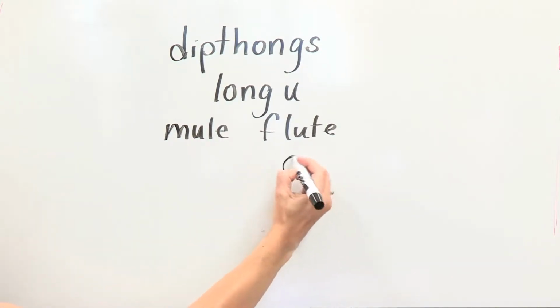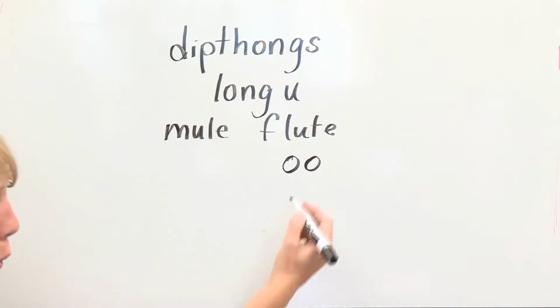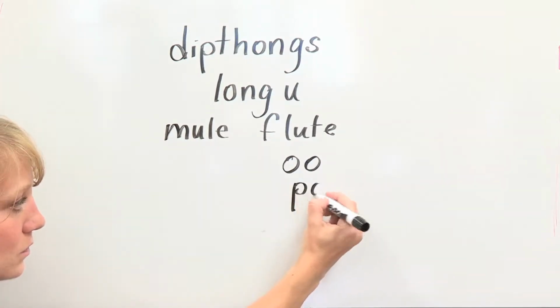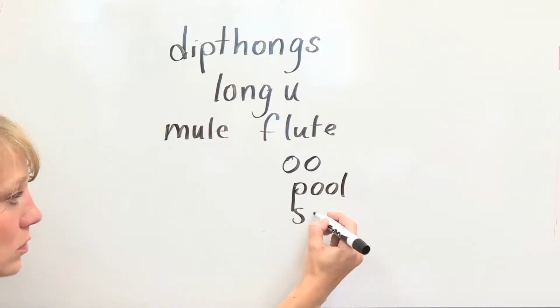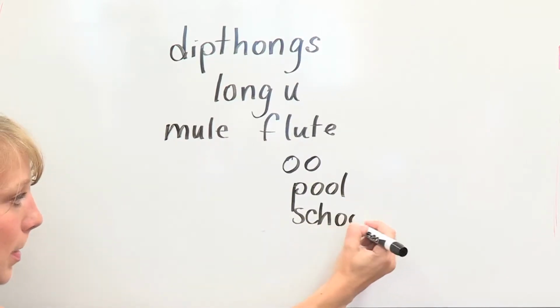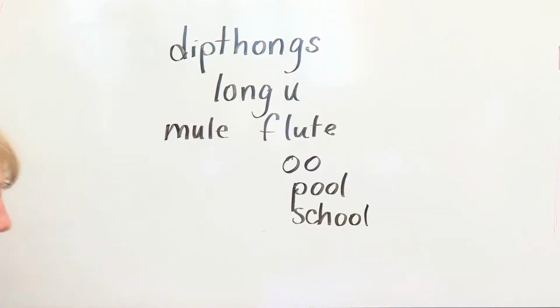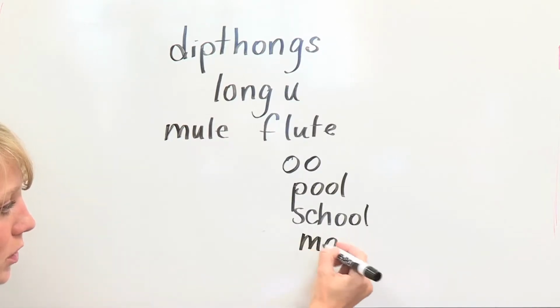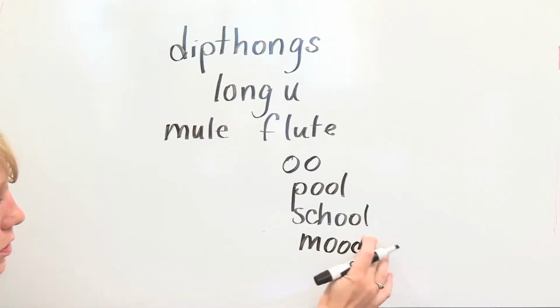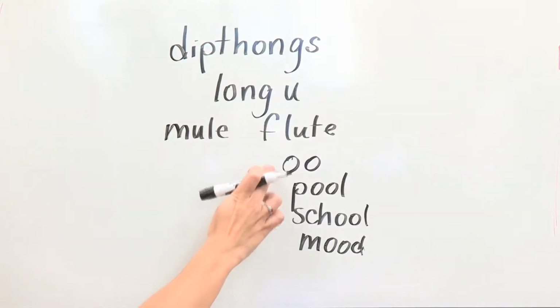With that, we have our double O, as in pool, school. Make that flute, pool, school, and then mood. Those are what you consider the double O sound.